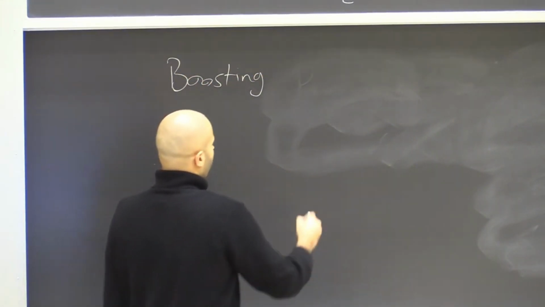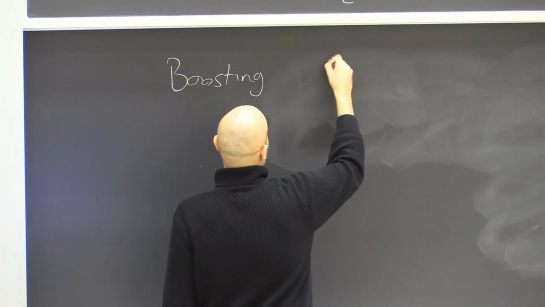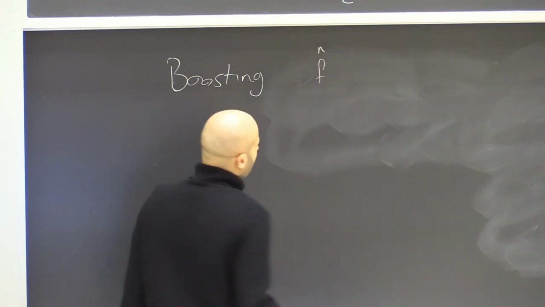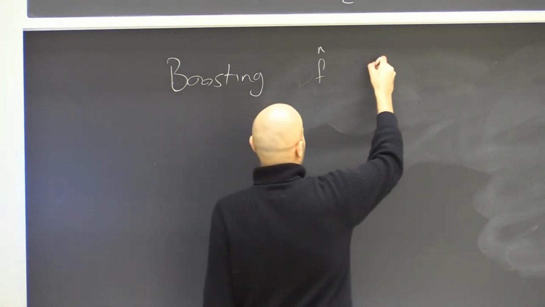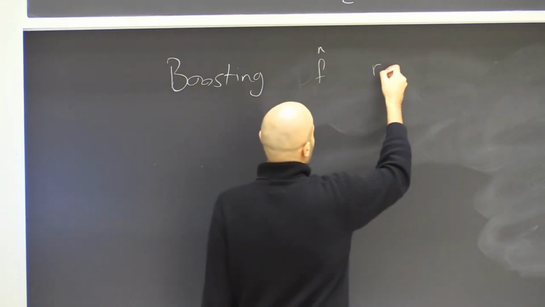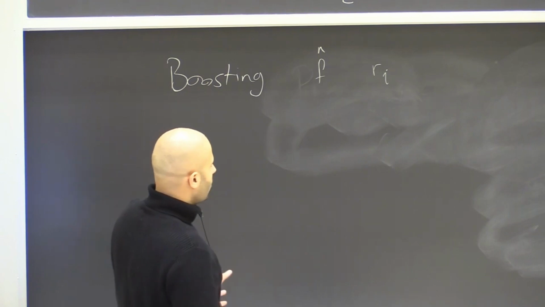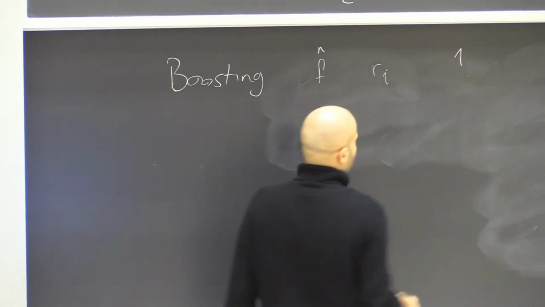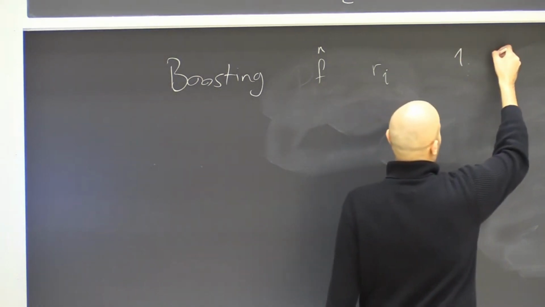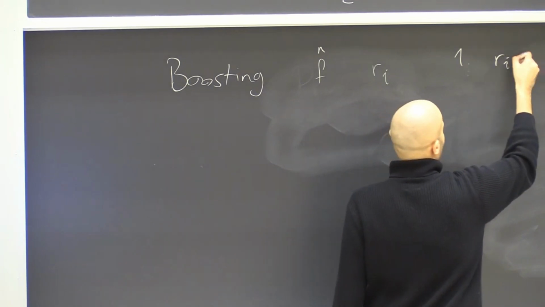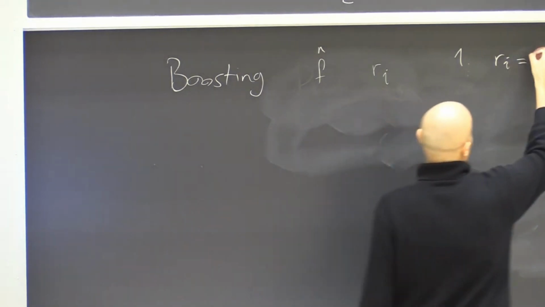So with boosting, we have this model, let's say f hat, and we have some residual, let's say r_i. So it's a sequential process. In the first step of the process, we're going to set the residual to be equal to the response.